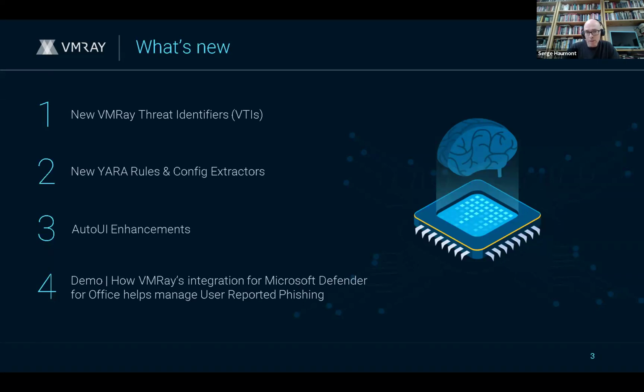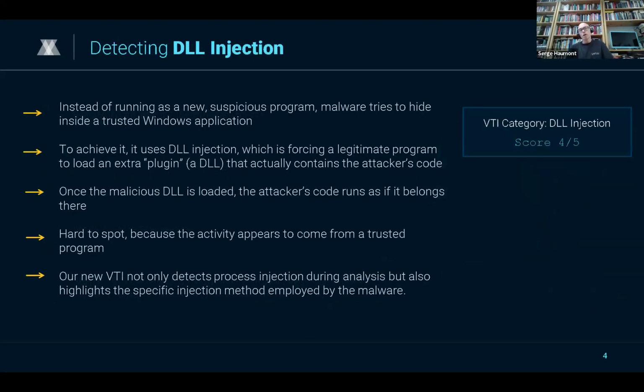So first, we'll start with the threat identifier. What we love to do at VMRay is to try to detect new behavior of malware, very often new behavior made to evade detection, and turn that against the attacker and use that to recognize very malicious behavior. So this first case is about DLL injection. As you know, malware often tries to inject into processes in different ways.